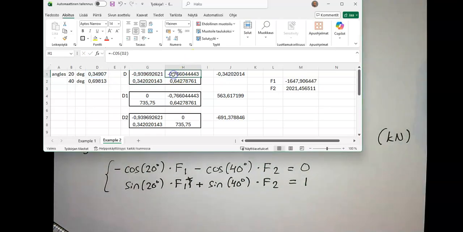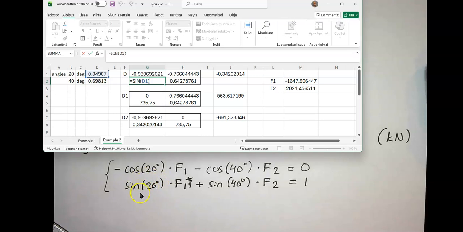There we had minus cosine, and we also have minus cosine in this equation, so that is correct. We have sine there, and in this example we also have sine. And here we have sine, and here is also sine. So the only modification we needed to do was in the first place here.